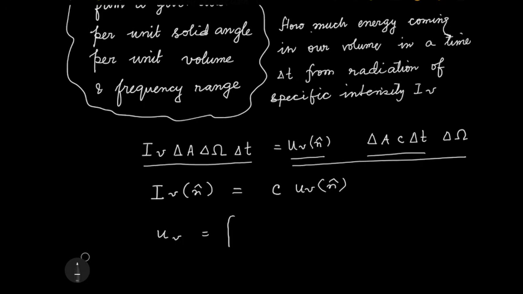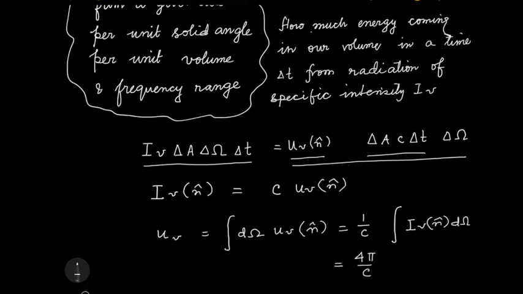And I can define U nu for all the radiation coming from all the solid angle. So it's now integrated over the solid angle. This will be 1 by c times the integral of I nu of n cap over all the solid angle. And I can write it in this way, 4 pi by c, and 1 by 4 pi, I just multiply and divide by 4 pi, that is allowed.